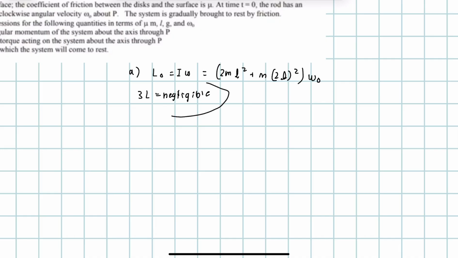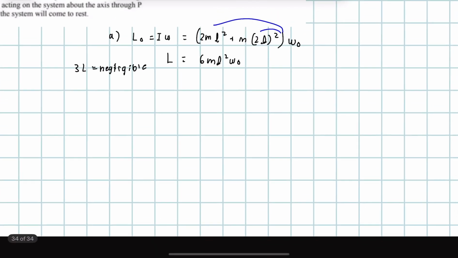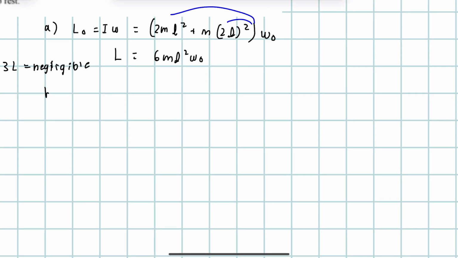If we plug this in, that's L equals 6ml squared, times W initial. Now, for B.